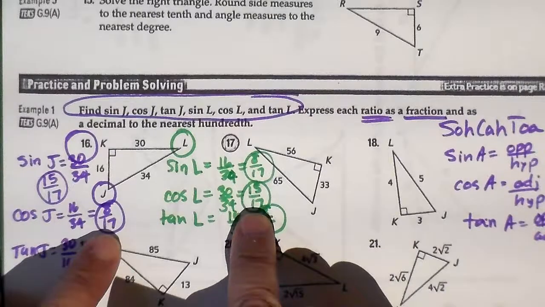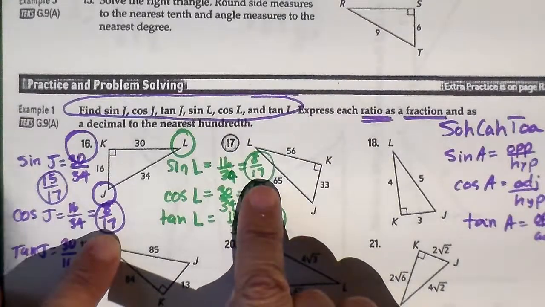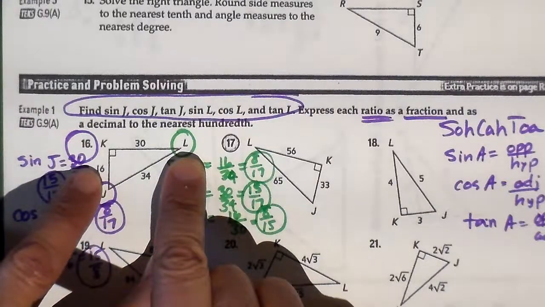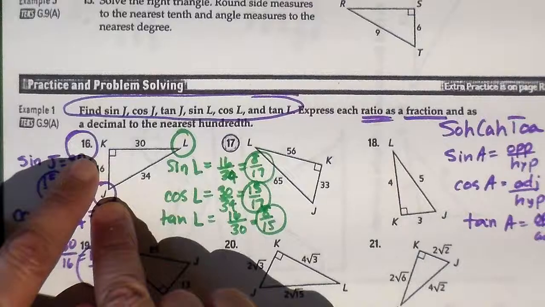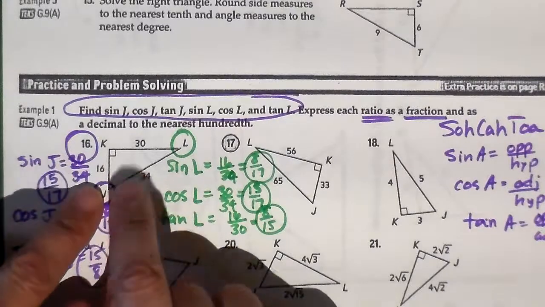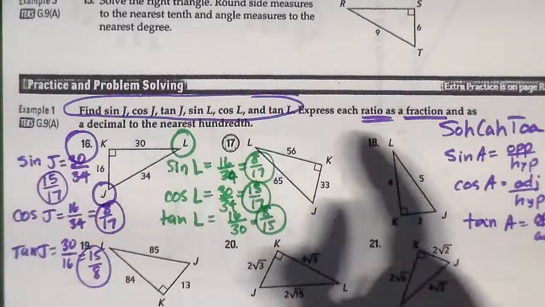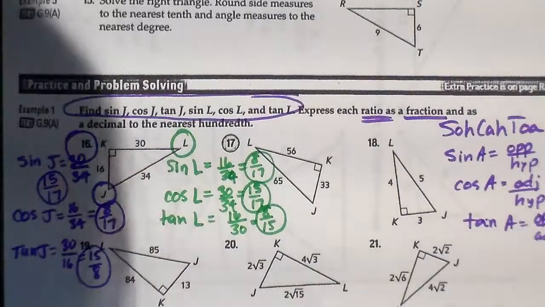The cosine of one angle is equal to the sine of the other. And that's because when you change angles, what's opposite to this is adjacent to this. And then when you switch, what's opposite to this is adjacent to this. So that's how you do that first group.